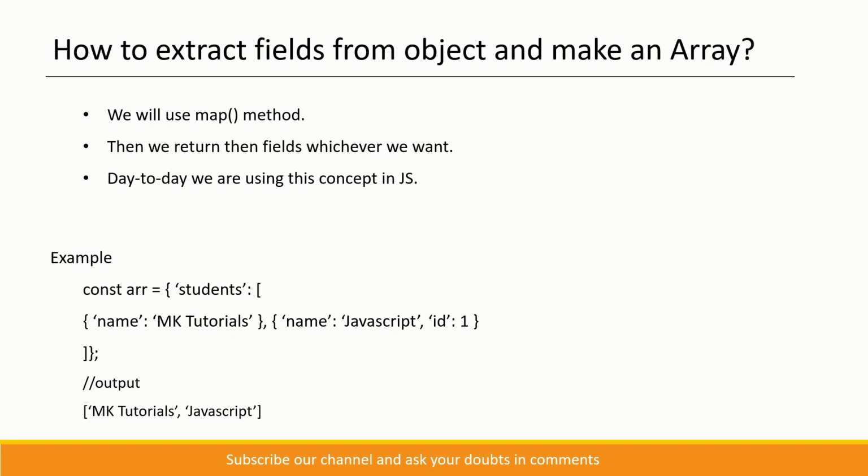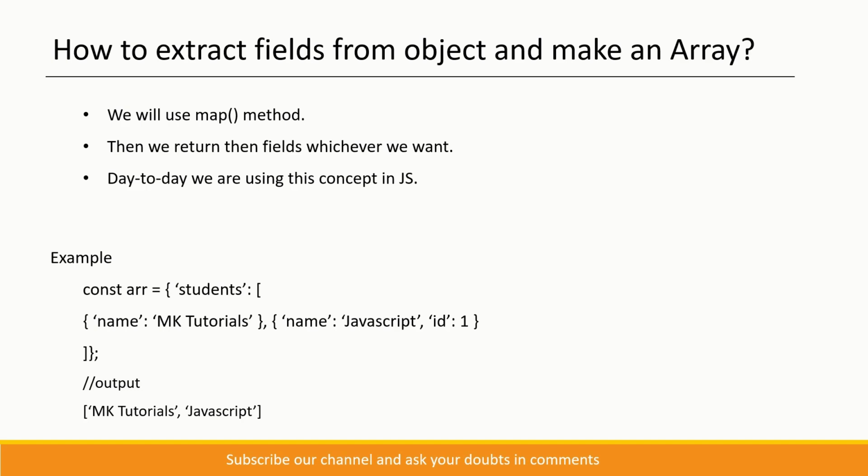Let's see how we are going to implement this scenario at the code level. Below you can see the overview of this example. Here I have declared one object.